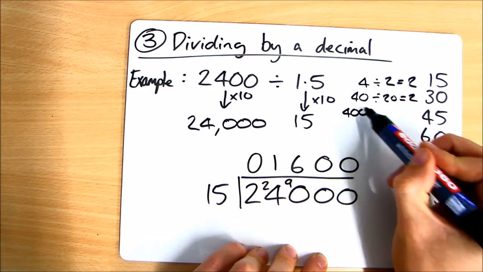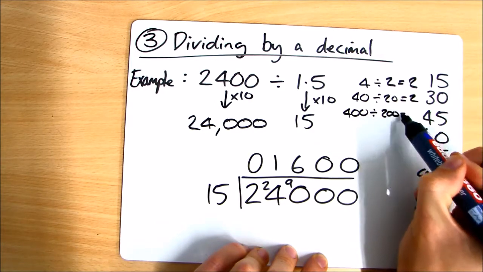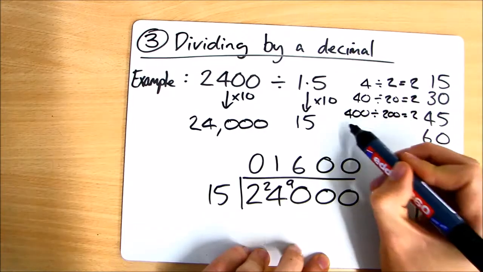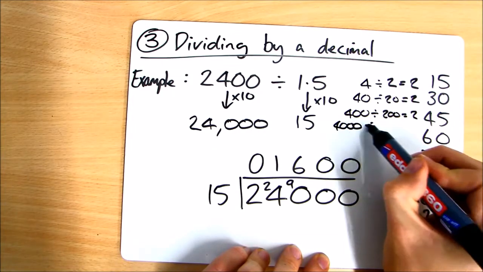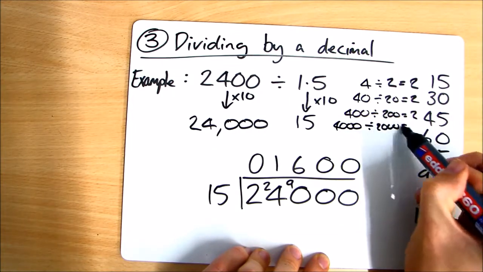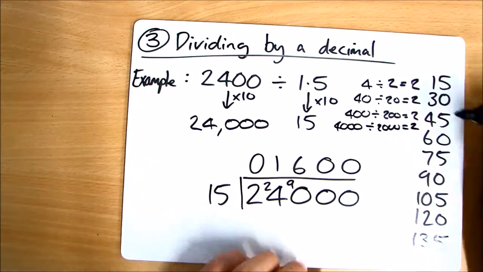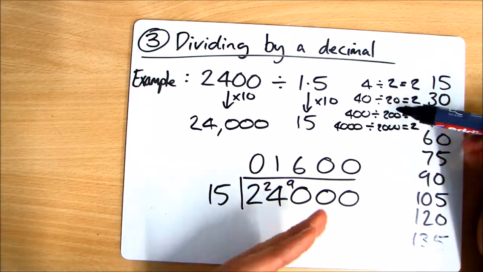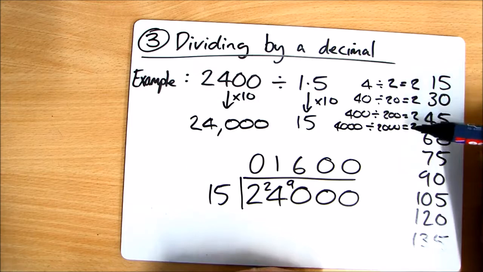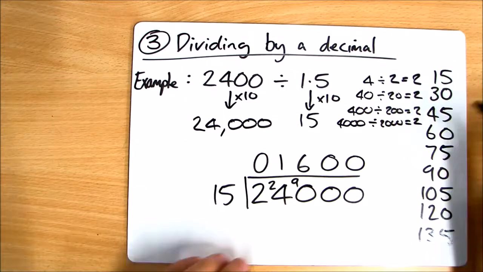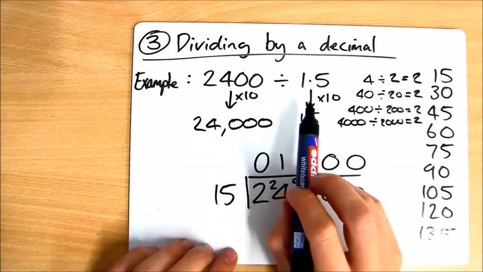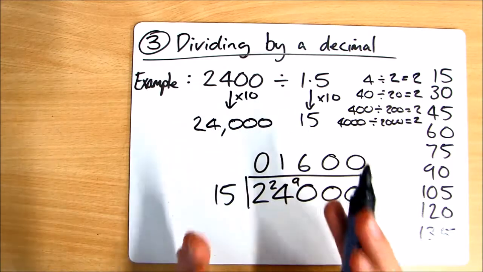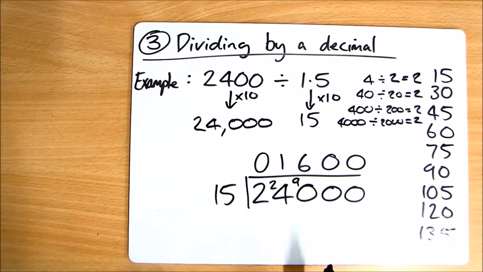If you do 400 divided by 200, you'll get 2. If you do 4,000 divided by 2,000, you'll get 2. Each time we've times both numbers by 10 and our answer has not changed. So as long as you just times each number by 10 and you make sure you do it to both of them, the answer will work perfectly.